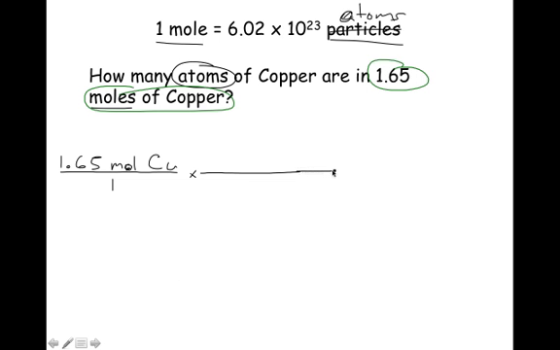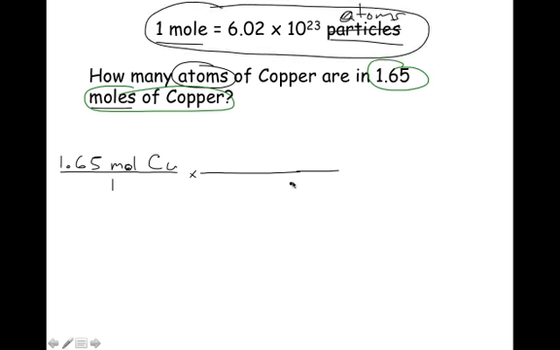We're going to multiply by our fraction bar. Remember, we did this earlier in the year. Now we just need to take this equality and stick it in our fraction bar. What goes in the top and what goes in the bottom? Well, looking at the previous step, we have moles on top, so we're going to put moles on the bottom. And our equality says that it is 1 mole.